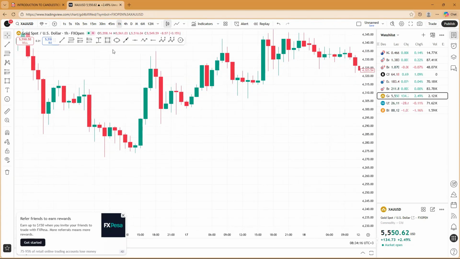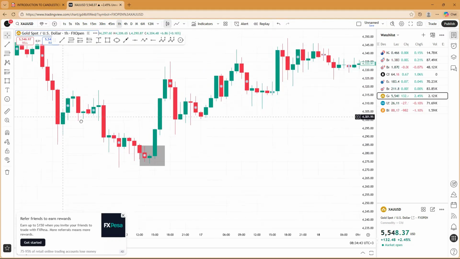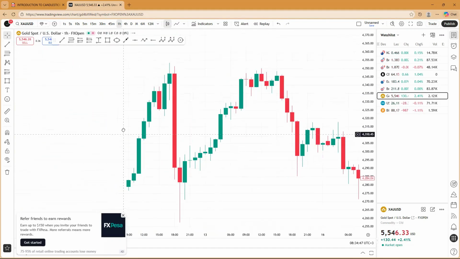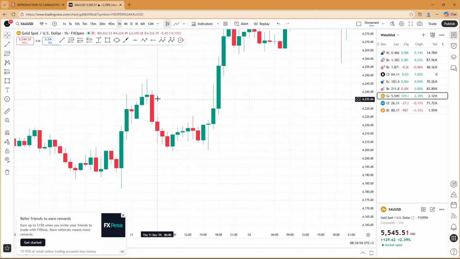Yeah, another example is here. We have another morning star around this zone. Price was dropping. We have the red candle, then a green doji, then the green candle comes in and engulfs the whole of this pattern. Nice. Okay. Let's see if we can find one evening star.